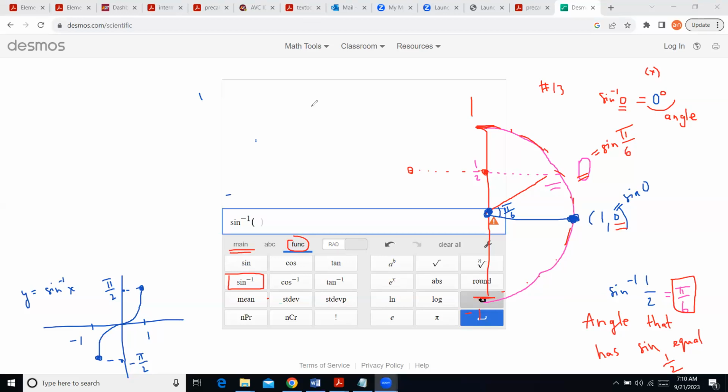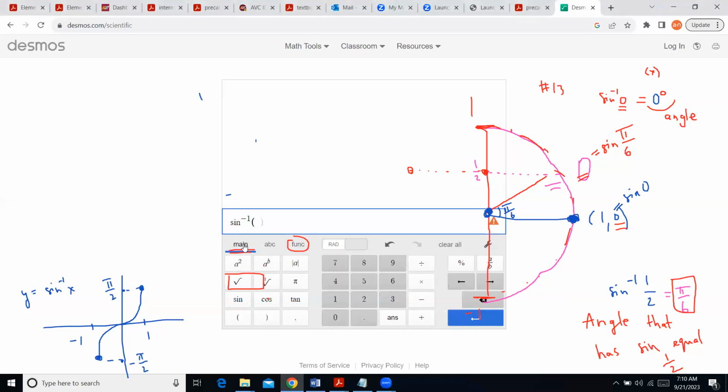So I have to click back to the main menu and then enter whatever number I have in mind, 0. So arcsine of 0, isn't it 0? But notice if I tried the previous one that was 1/2, right?